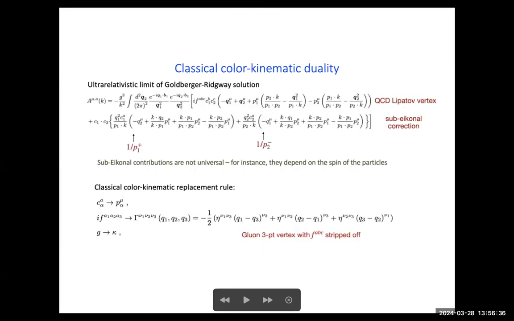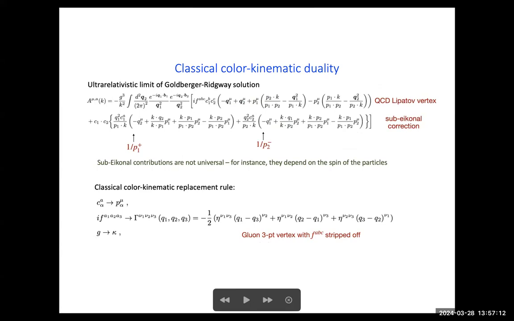Okay? And this was done by Goldberg and Ridgway. They computed the gluon radiation spectrum, but this is for arbitrary velocities, not ultra-relativistic. For any velocities, you have this full solution. But then if you take the ultra-relativistic limit, all that survives is this contribution here, because these additional terms, which are dot products of these color source charge densities, are suppressed by energy.